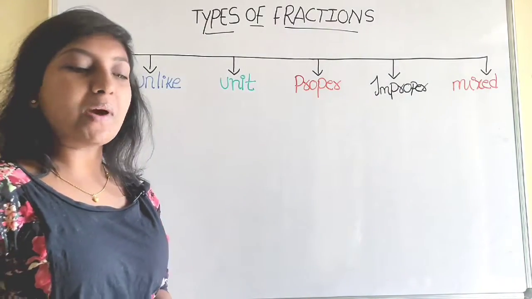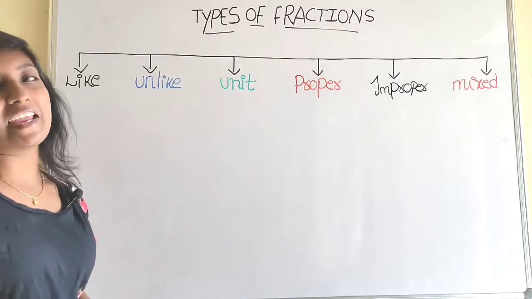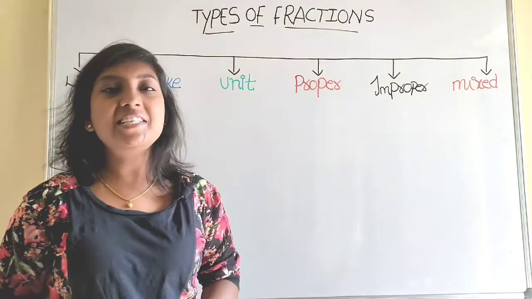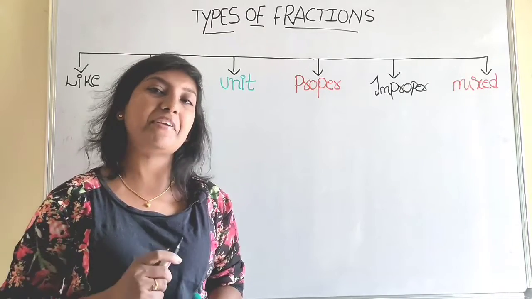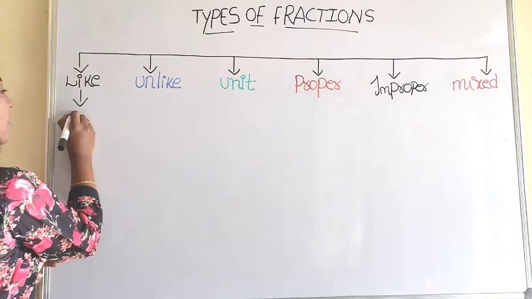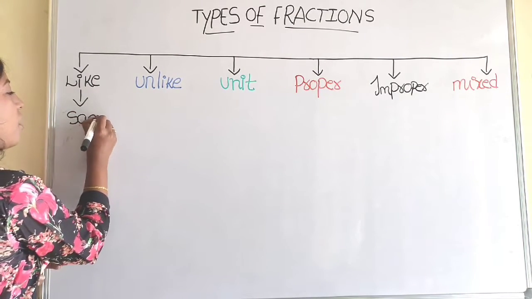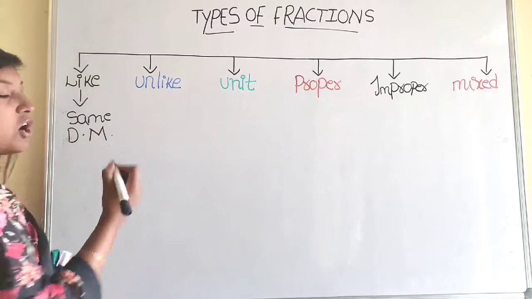So the first one is like fractions. What are like fractions? The fractions that have the same denominator are called like fractions. So like fractions will have same denominators.